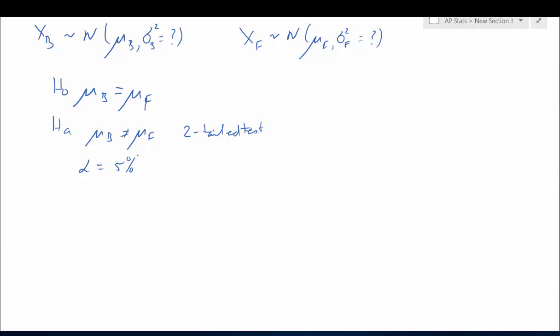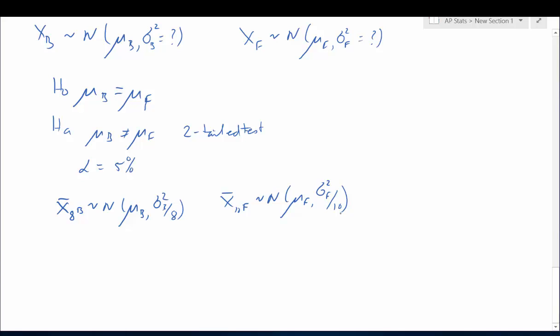Given that the populations do appear to be normal, then according to theory, the sample mean of 8 fish from Bayreuth should follow a normal distribution with a mean of mu_B and a variance of sigma squared B over 8, and 10 fish from Fish Friends should follow a normal with a mean of mu_F and a variance of sigma squared F over 10.